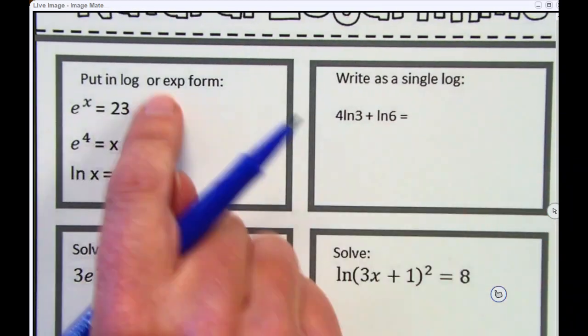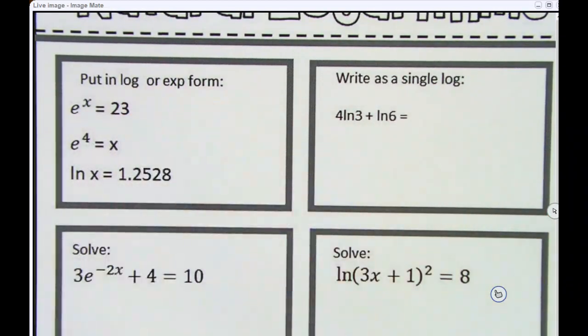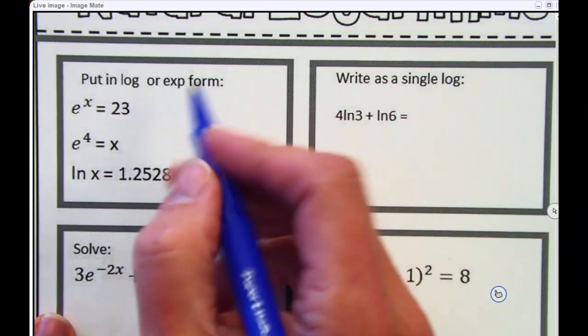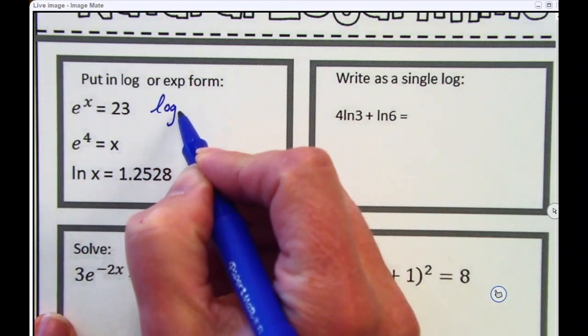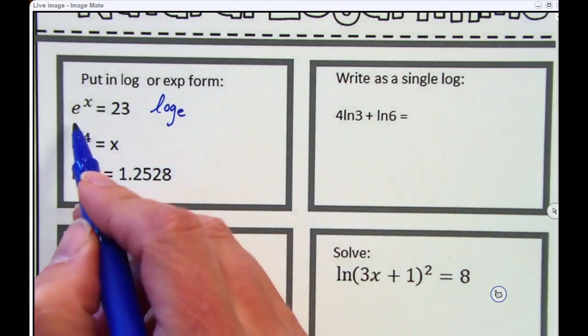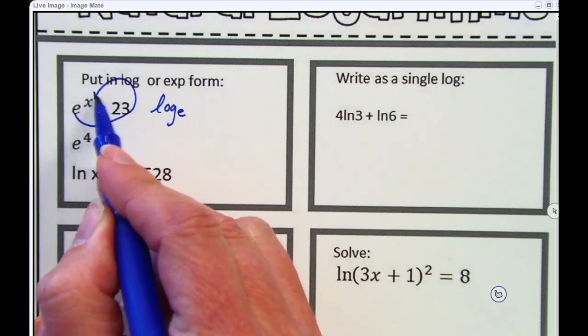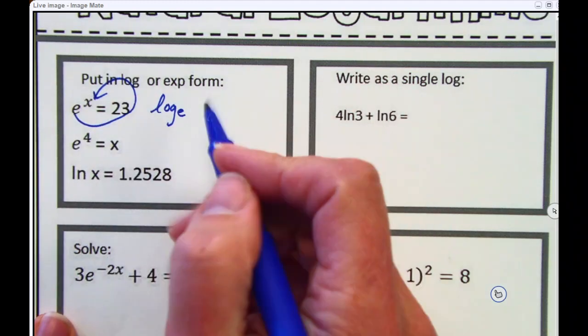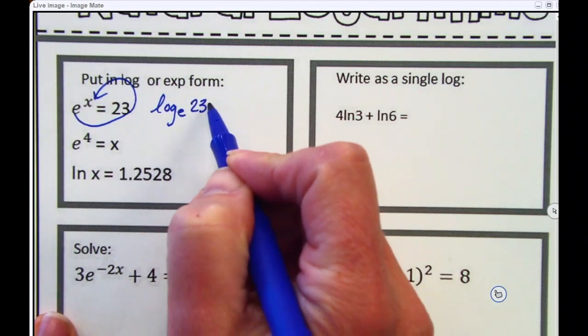Let's see. Put in log or exponential form. So same thing. What's my base? So log base e of what number? Remember doing this? I know before Christmas was forever ago. Log base e of 23 equals what? x.